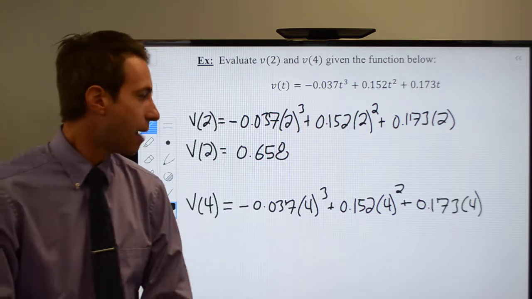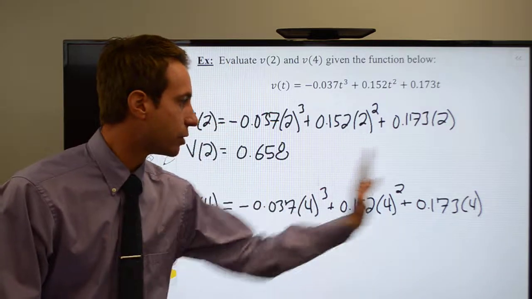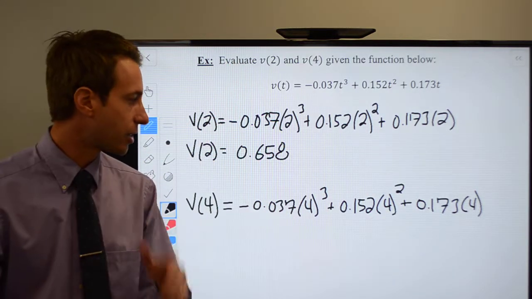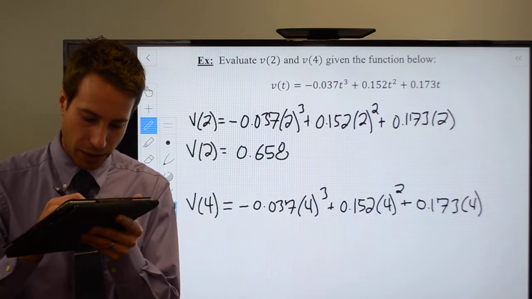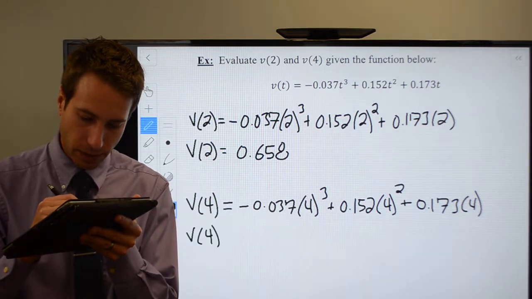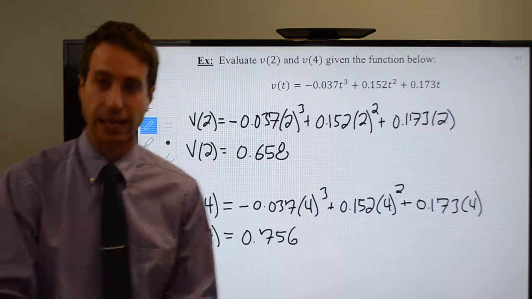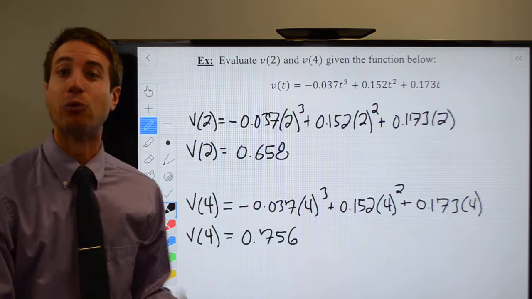All right, so there we go. I plugged in my domain value of 4 into all of my variables. And again, I got decimals, so plug this into your calculator, don't fat finger something, and you should come up with 0.756, again representing my range value.